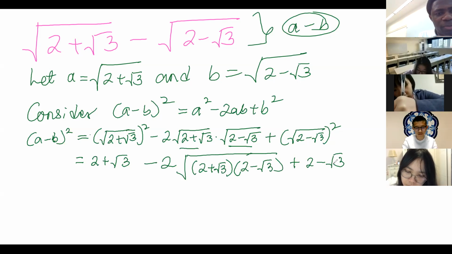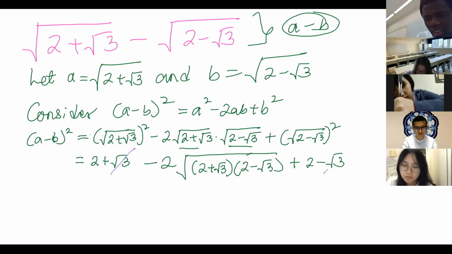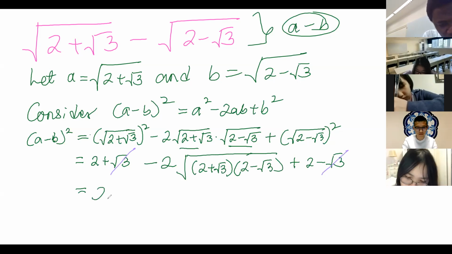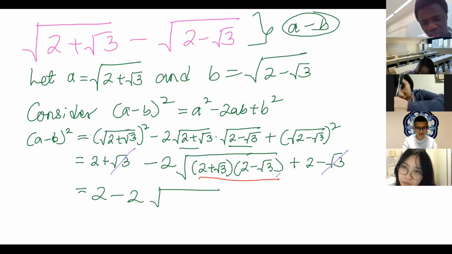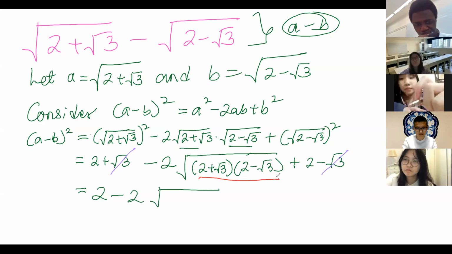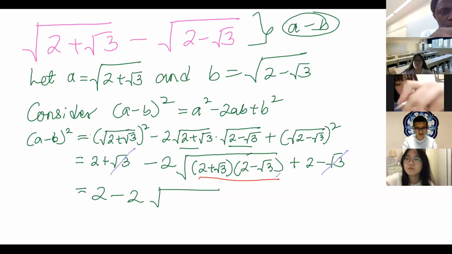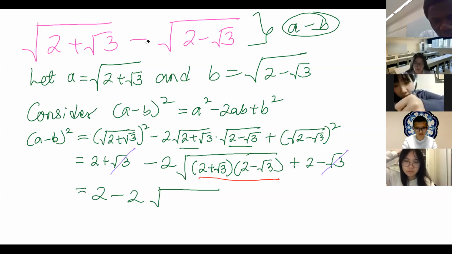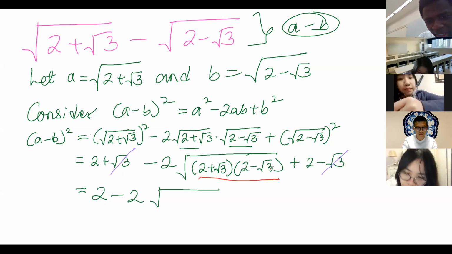So from here, our problem is reducing because this and this can disappear. So (A minus B) squared becomes 2 minus 2 roots. In this square root, what do you notice? What does this look like? Difference of two squares. Thank you. The difference of two squares, that is (m plus n)(m minus n), will be m squared minus n squared, isn't it?